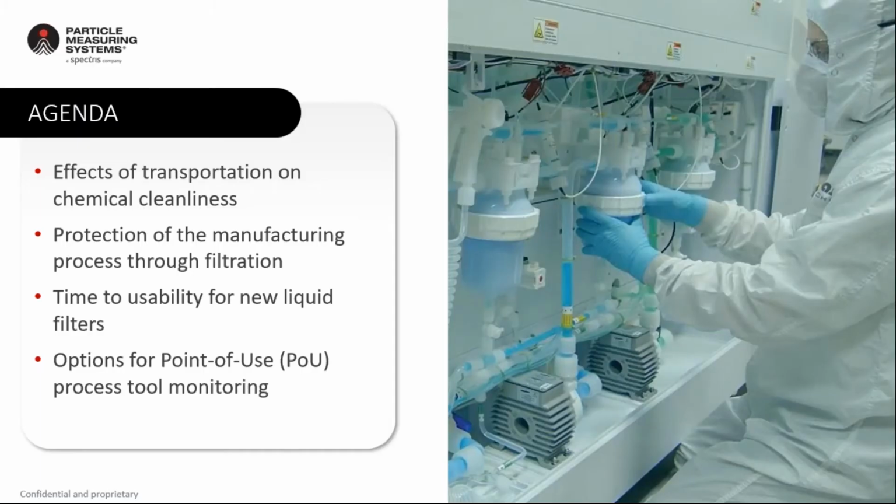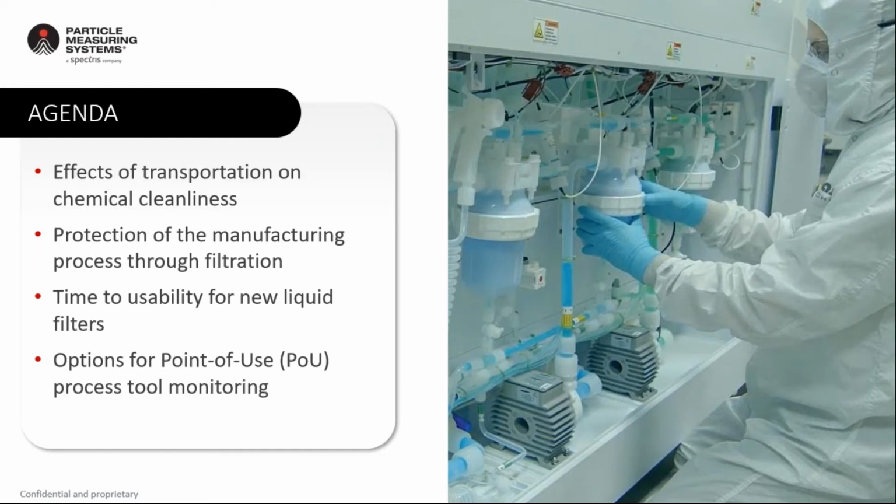Thanks, Jerry, and thanks to everybody for attending our webinar today. During this webinar, we're going to cover a range of use cases where we have had success applying particle monitoring at 20 nanometers in various applications, including testing the effects of transportation on chemical cleanliness.